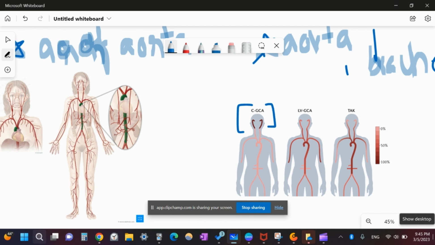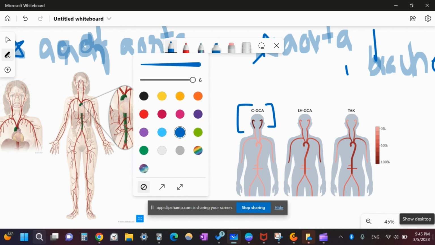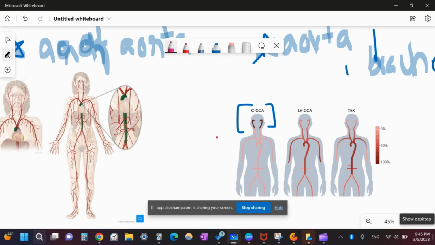They're going to complain of the temples hurting, and they're going to have jaw claudication and stuff like that.